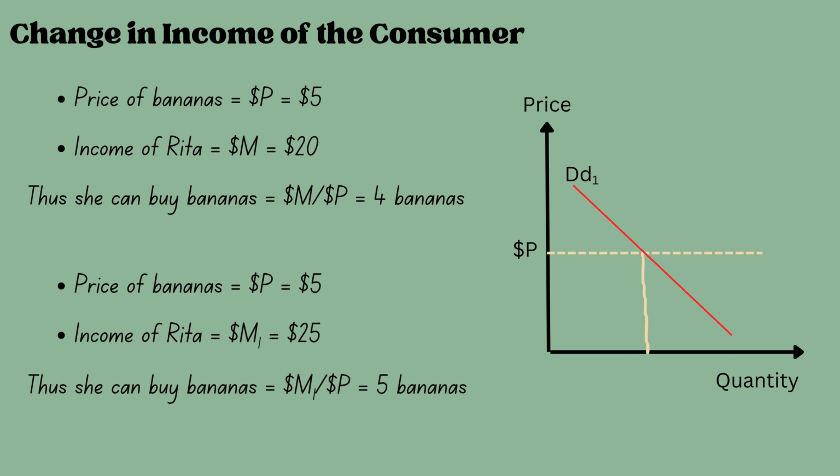As we can see by the graph, at $P price of the bananas, the demand curve shifts from DD1 to DD2 as the income of the consumer increases from Q1 to Q2. Similarly, if income of a consumer falls, all things being constant, the demand curve shifts leftwards.